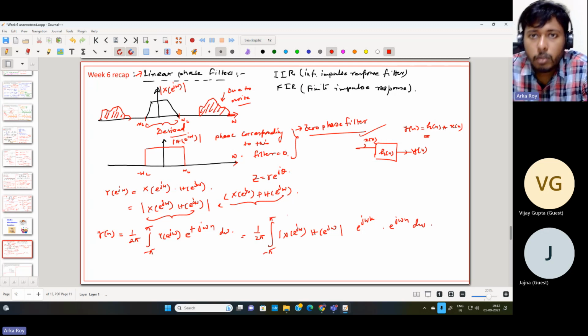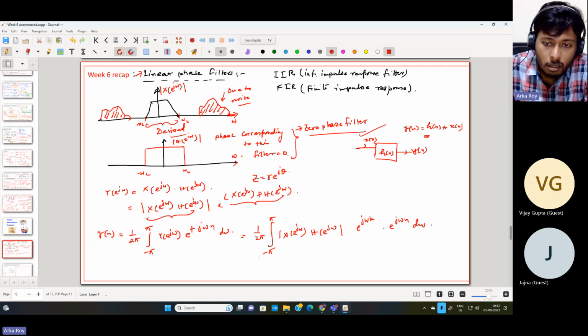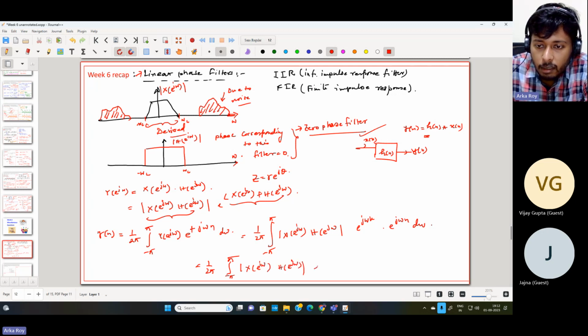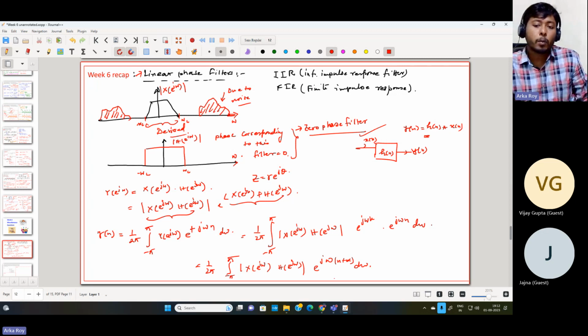The limits are bound between minus pi to pi, as in the DTFT domain the signals are periodic between minus pi to pi. Therefore, 1 upon 2 pi integral from minus pi to pi, X(e^j omega) H(e^j omega) e to the power j omega (n plus k) d omega. If we compare this particular operation with the standard IDTFT equation, we can see that the n index is basically changed to n plus k. Rest of the things are the same.